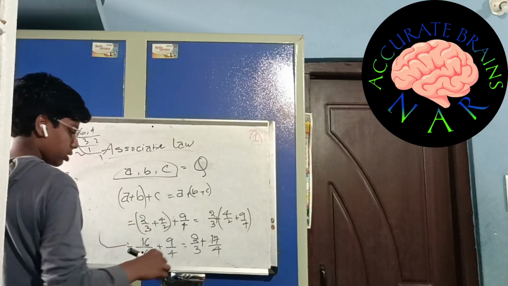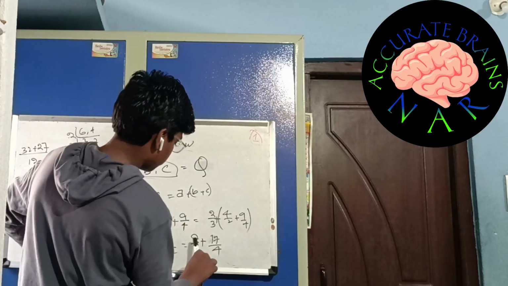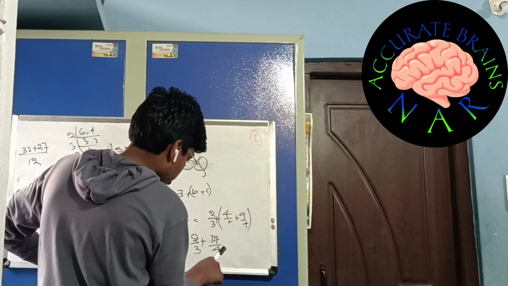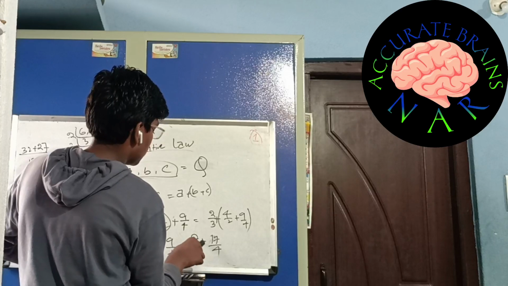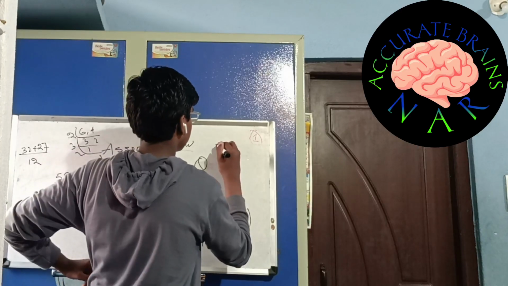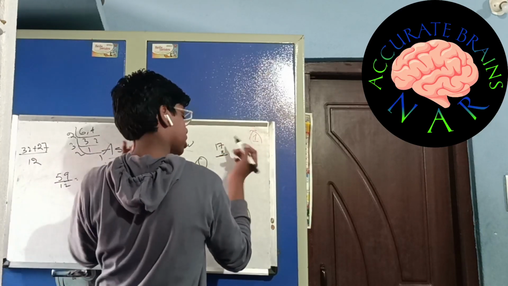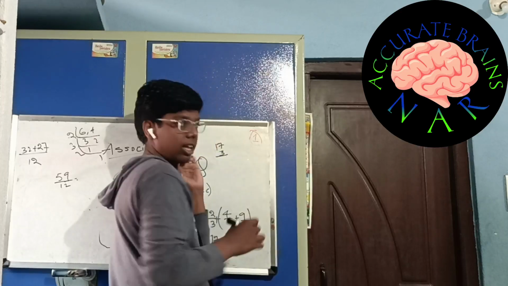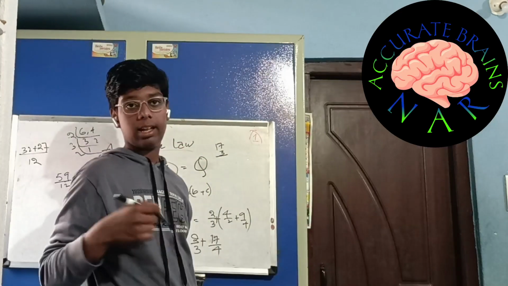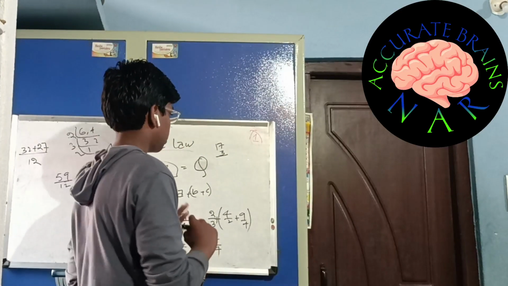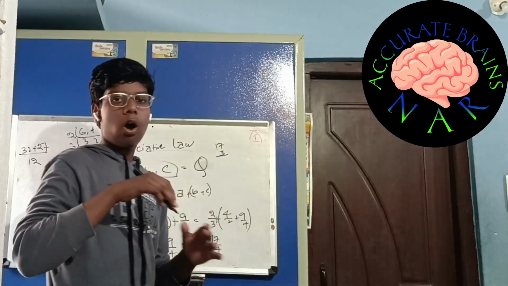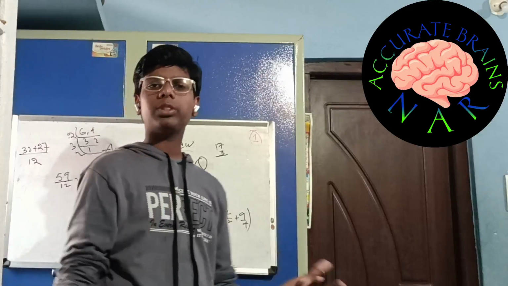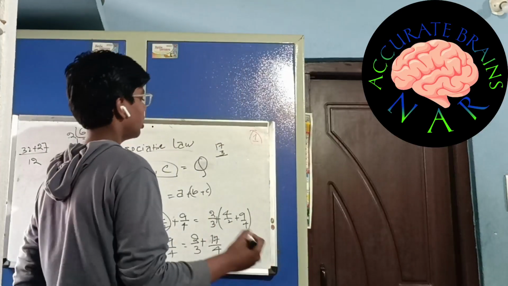So coming to the RHS side, here we add 12 and 4. I don't know the tables, guys, as I created the channel Accurate Brains, but I know the theory part and all of the topics, but I don't know the tables.